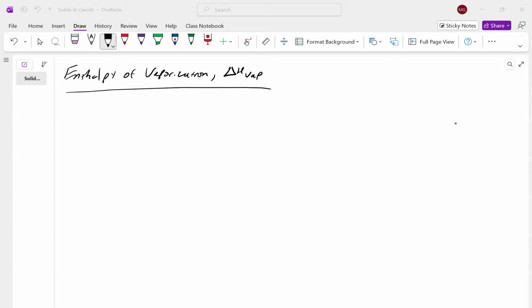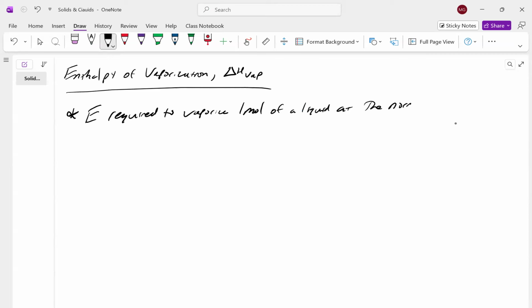And so we can define the enthalpy of vaporization as the energy required to vaporize 1 mole of a liquid at the normal boiling point. Remember that the term normal means it's at 1 atmosphere of pressure.